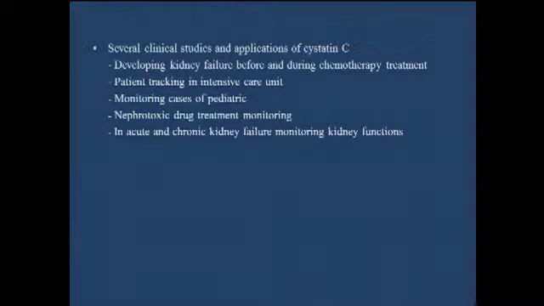Several clinical studies and applications of cystatin C involve developing kidney failure before and during chemotherapy treatment and nephrotoxic drug treatment, monitoring in acute and chronic kidney failure, and monitoring kidney functions.